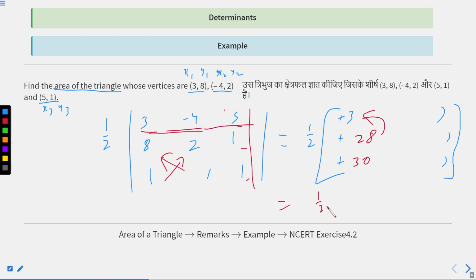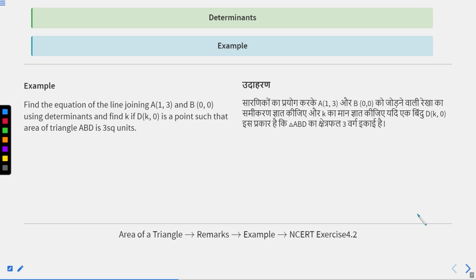So your answer, the area, will be 61 by 2 unit square. If I did something wrong, please verify that you are getting this area, that 61 by 2 is the correct answer. I hope it is clear to you.